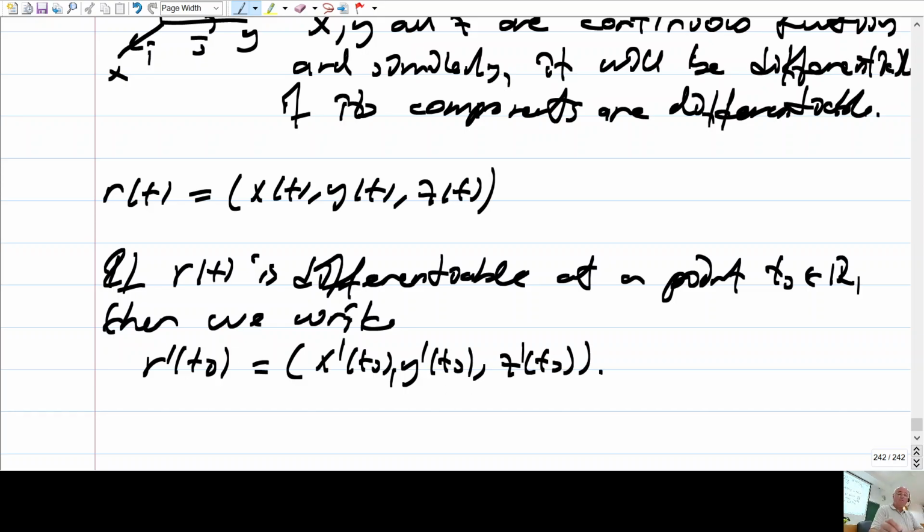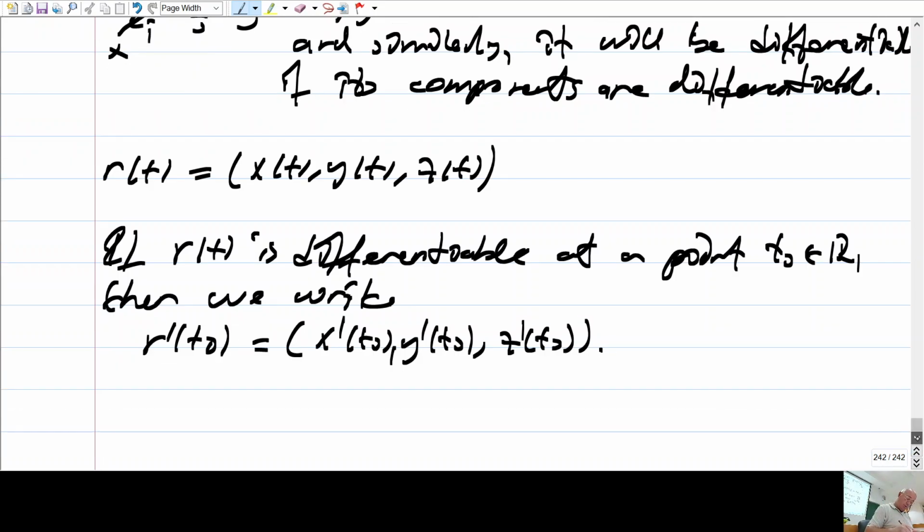So the derivative of r is just you take the derivative of each component and then evaluate them at the point t0.